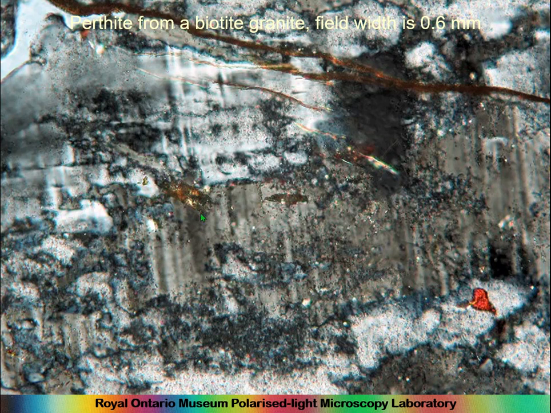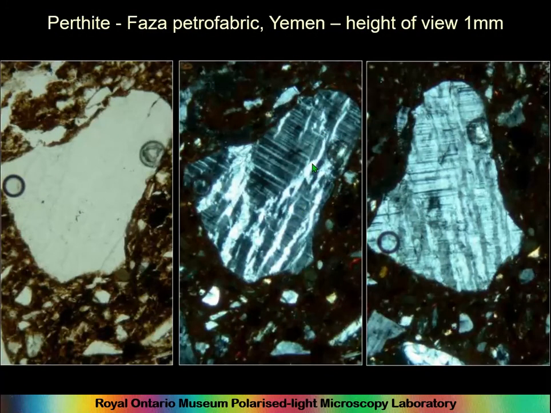So this is the intergrowth of plagioclase here with this, which has tartan twinning, which is microcline. So you can see how perthite is an intergrowth of these together. And here again you can see the intergrowth of these two feldspars. It's very diagnostic for some petrofabrics from the Yemen, including the Faza petrofabric.